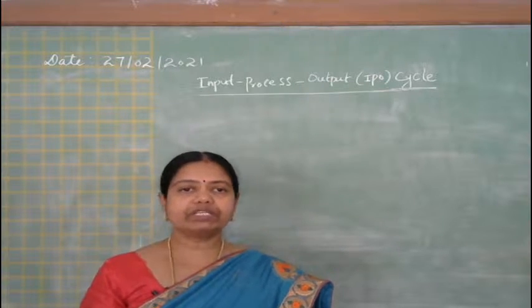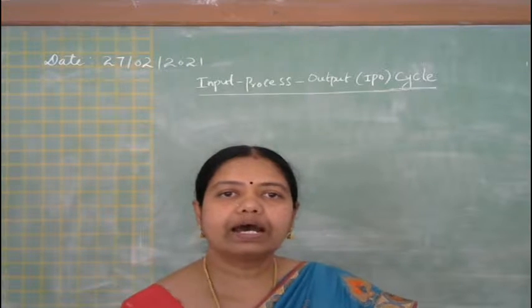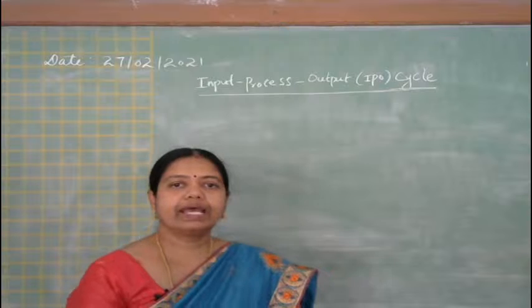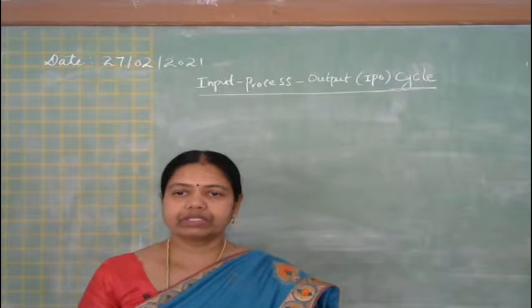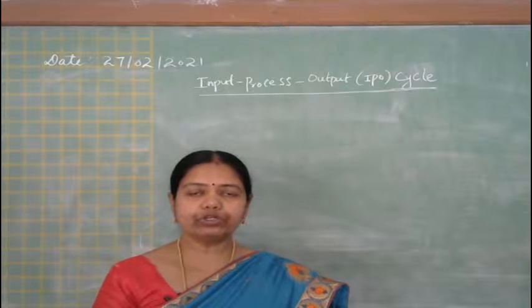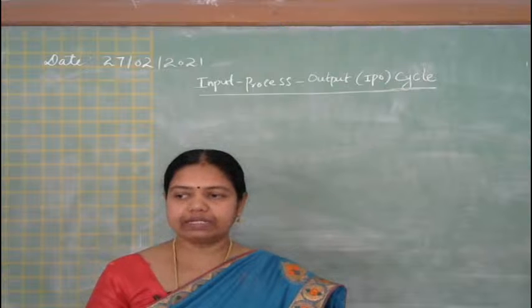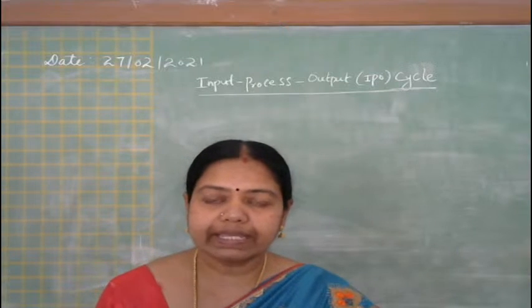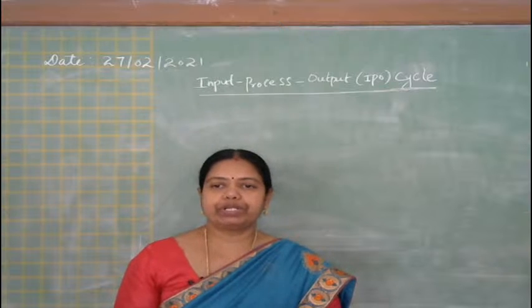In continuation with that, today we are going to discuss another new topic: input, process and output, that is the IPO cycle. This IPO cycle is called the processing of the computer.